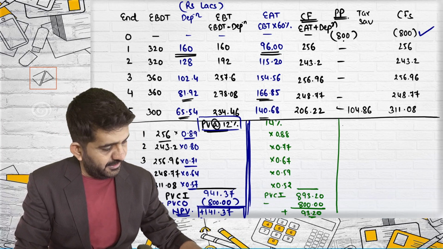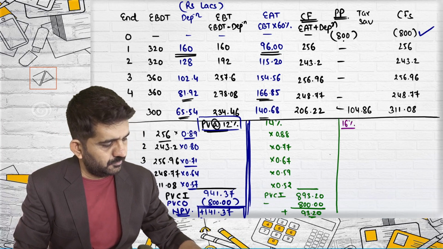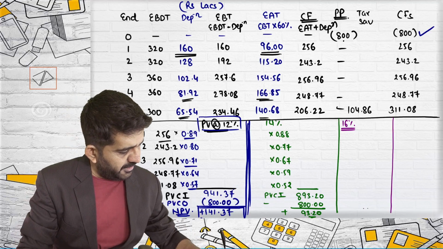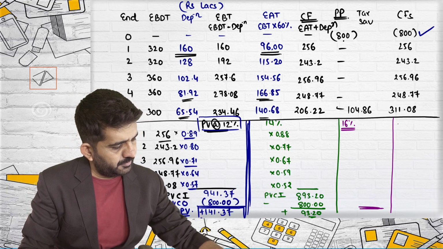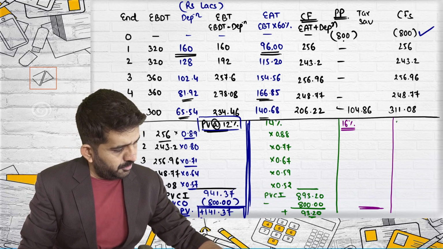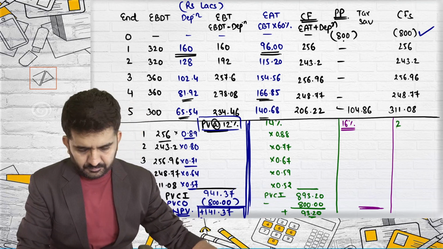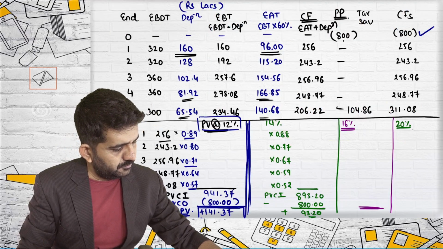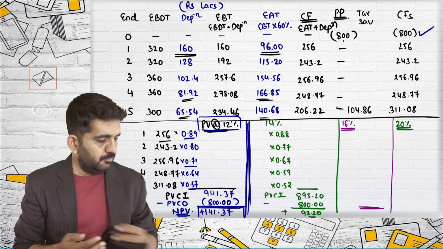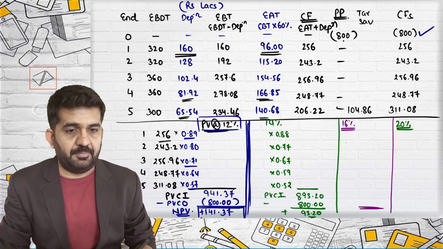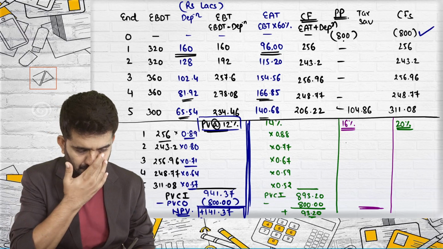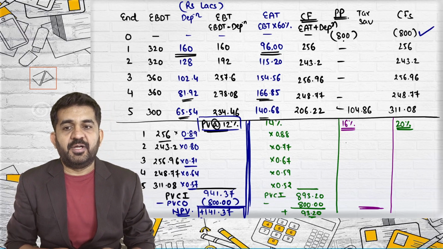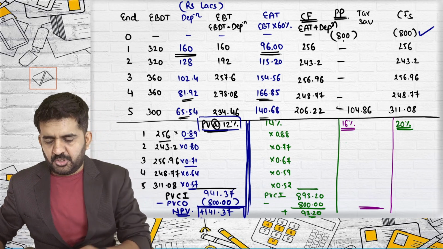Try it out at 16%. Also, I am getting positive NPV. Try it out at 20% then, because at 16% also there is positive NPV. Find out at 16% and 20% both.